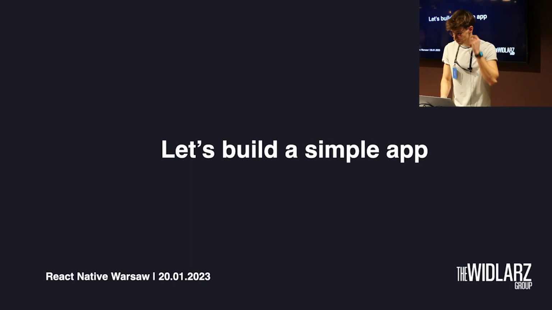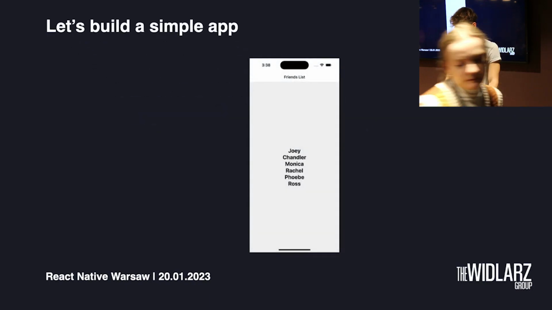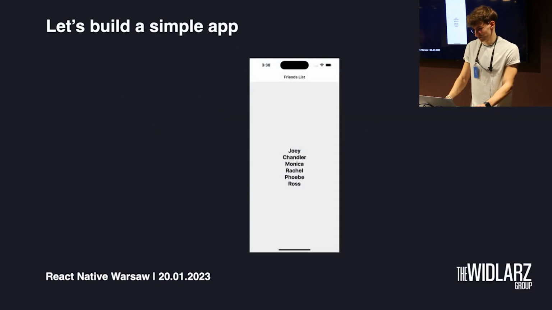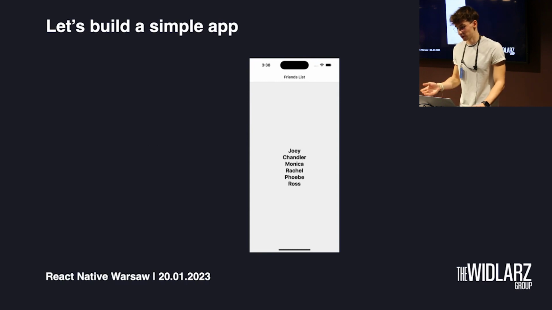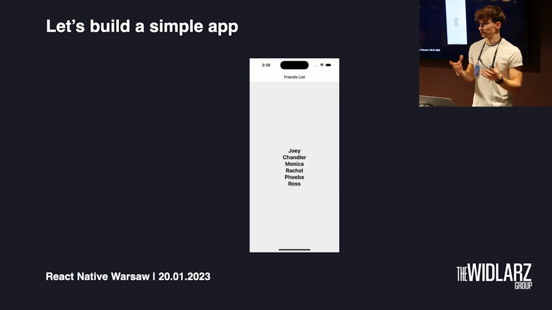Before we jump to the IDE, let's maybe go over mockups. The thing we're going to build is a simple application with a list of friends. It's supposed to work on web and on mobile. On mobile, it's supposed to have this native navigator thingy.